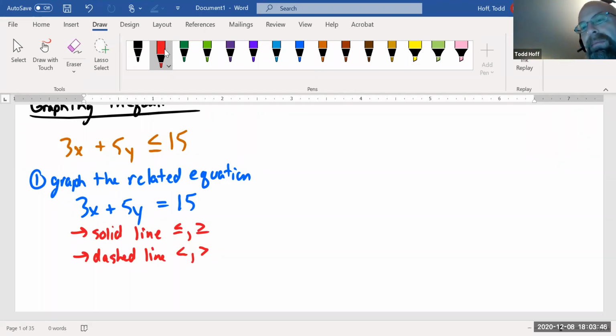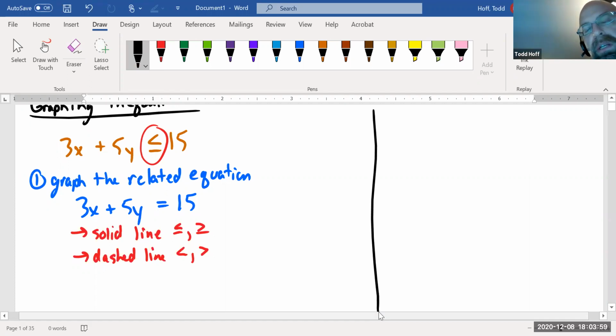Strictly less than, the boundary is not part of the solution. It's not less than itself. So this is going to be a solid line because it was less than or equal to. For the most part, all the inequalities we use in linear programming are less than or equal to or greater than or equal to, so it is a solid line.